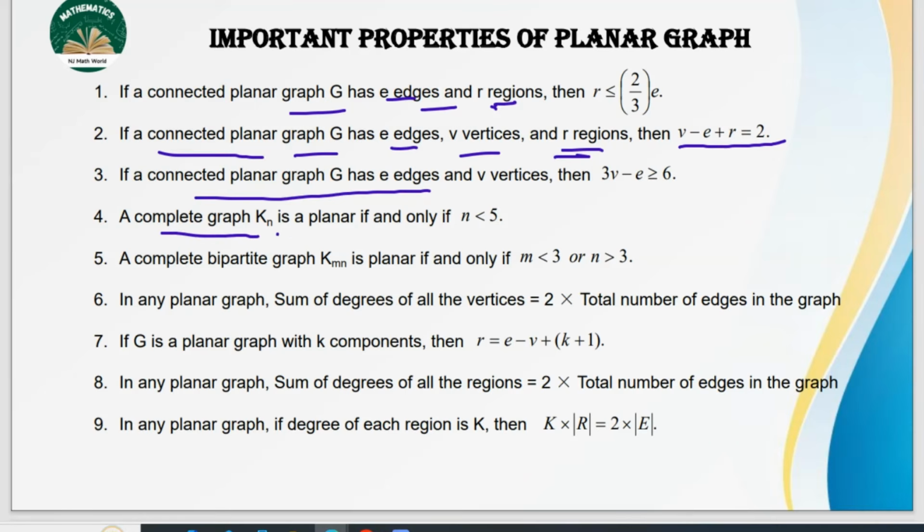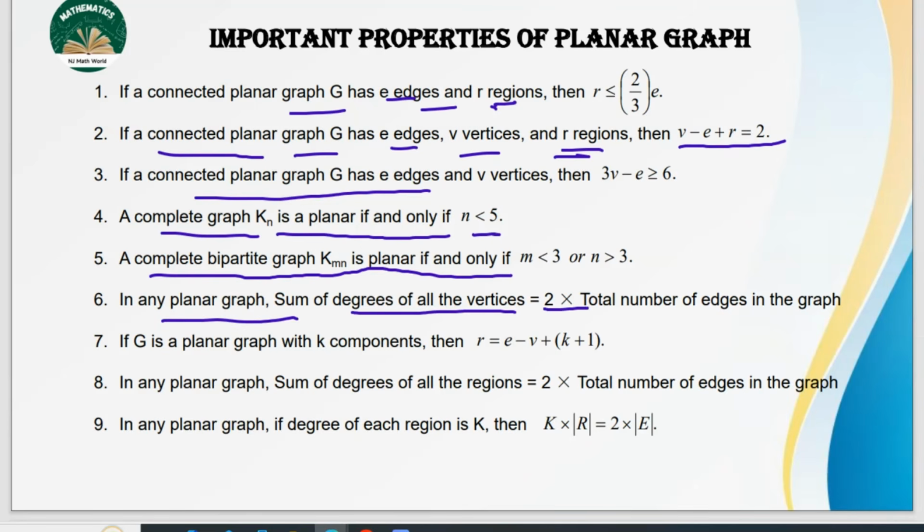A complete graph Kn is planar if and only if n is less than 5. The complete bipartite graph Km,n is planar if and only if m is less than 3 or n is less than 3. Then in any planar graph, the sum of the degrees of all vertices equals 2 times the total number of edges in the graph.